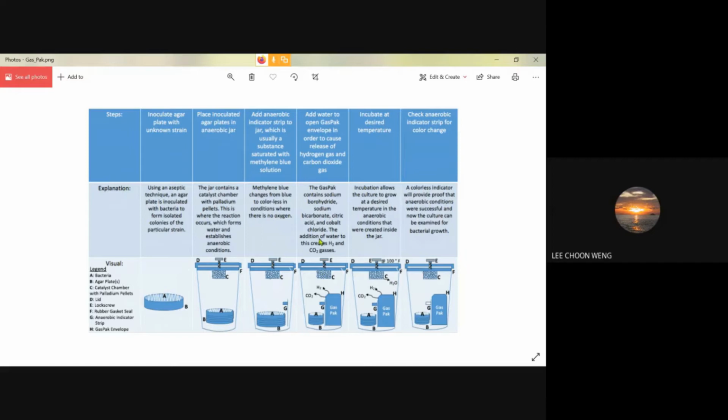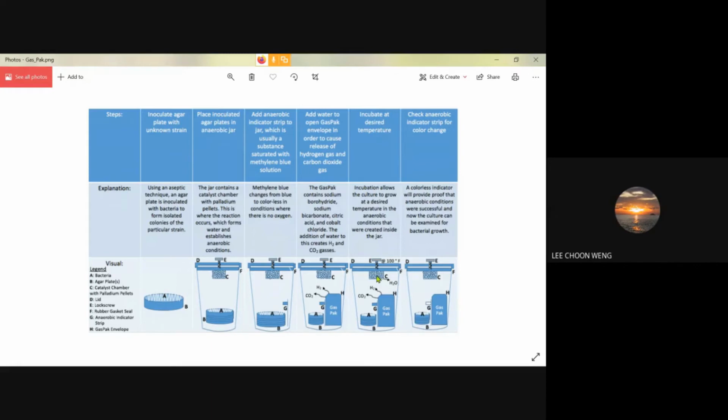The gas pack contains sodium borohydride, bicarbonate, citric acid, and cobalt chloride. So this will release hydrogen and CO2 gas. The hydrogen will react with the existing oxygen to form water, but only with the palladium catalyst.